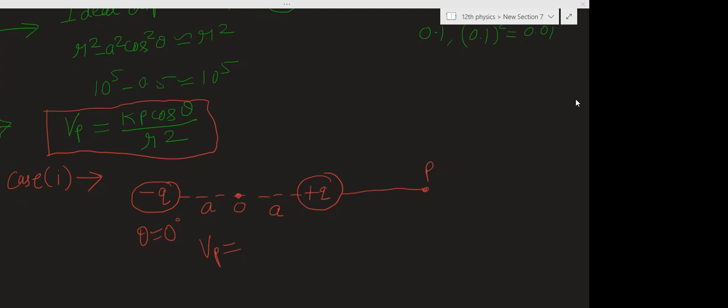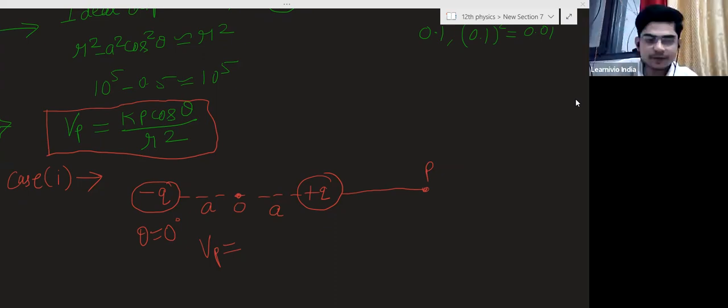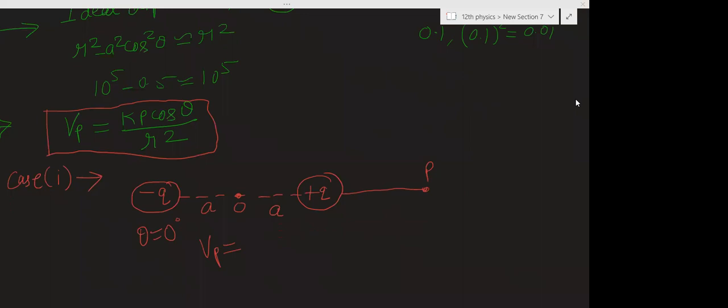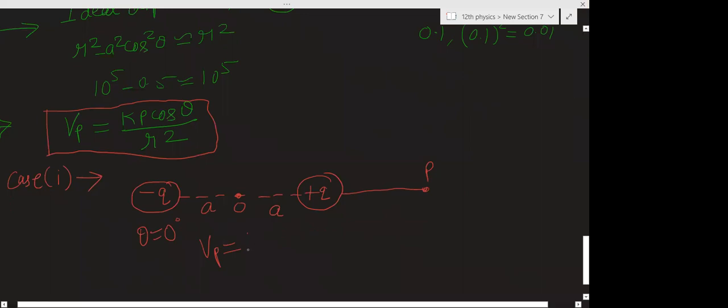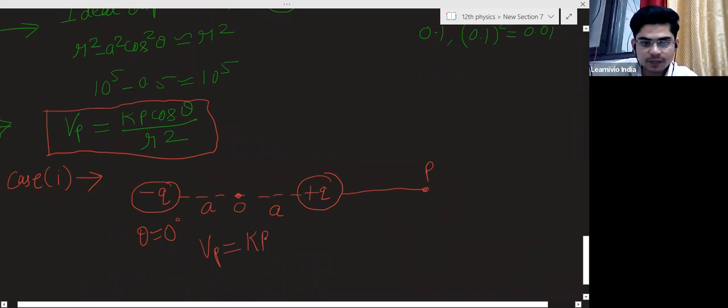So let's proceed. I can write it as Vp equal to Kp cos 0 divided by r square.